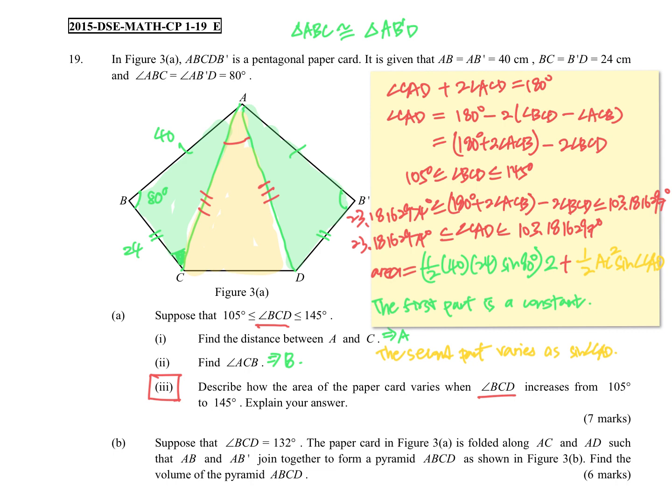This is really crucial. We need to put that down. So the area expression here is actually a partial variation. The first part is a constant, and the second part varies directly as sine of angle CAD. If sine of angle CAD is more, the higher the area value.